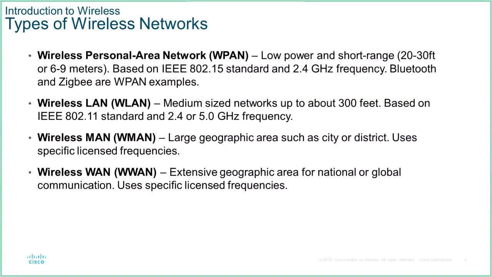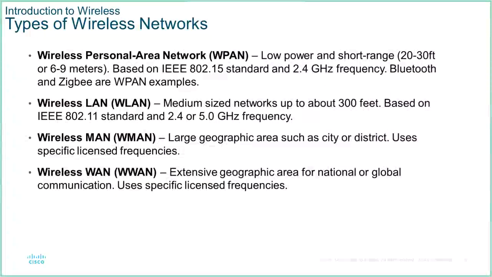Now, the frequency used for these networks is combating all the other free wireless devices around, because 2.4 gigahertz is an open frequency worldwide, so lots of devices will be using this frequency.